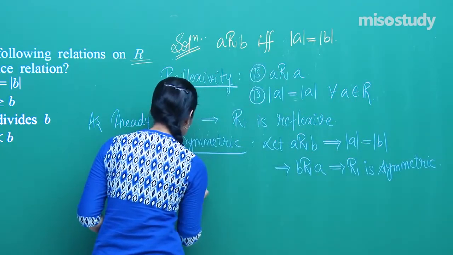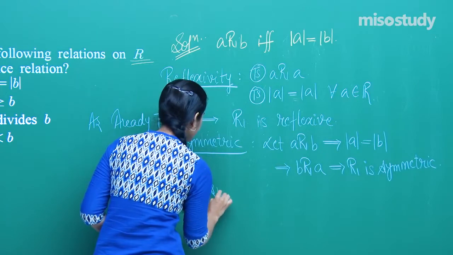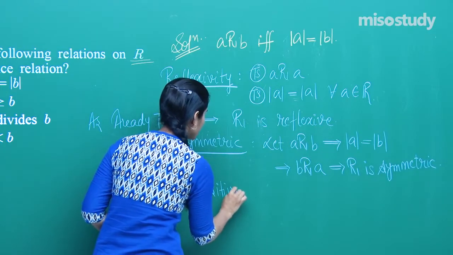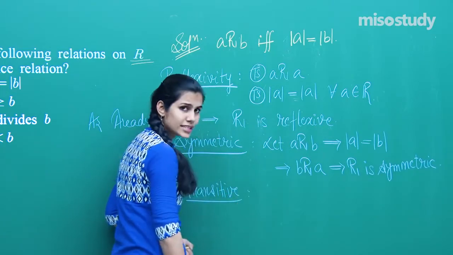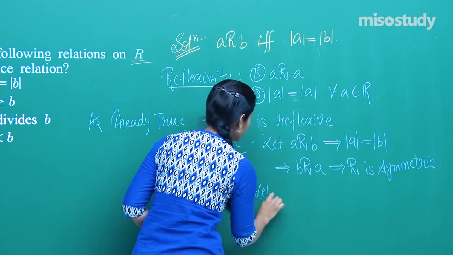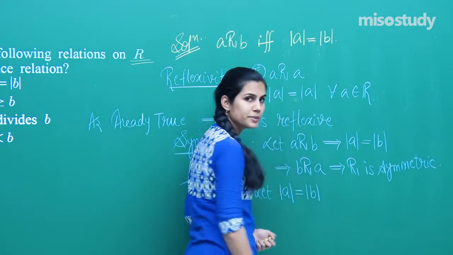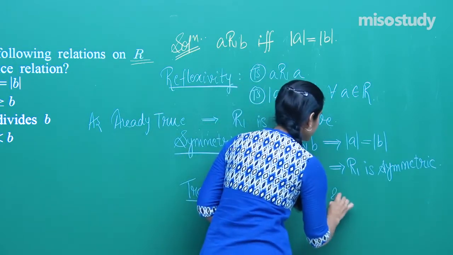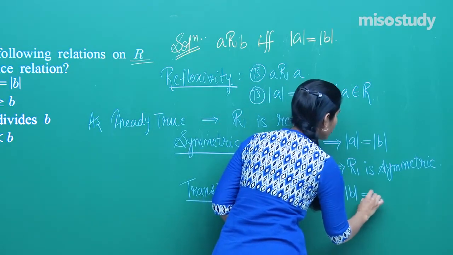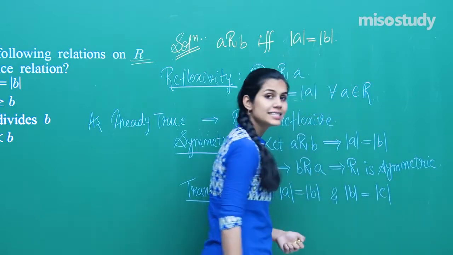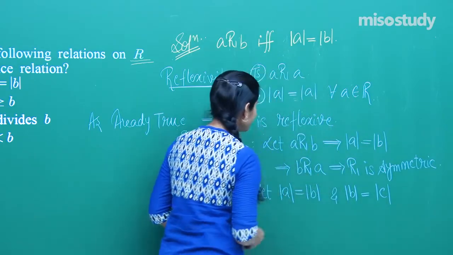Transitivity is very obvious. Why? Because if you say that distance of A from 0 is equal to distance of B from 0 and distance of B from 0 is equal to distance of C from 0. Why have I written this?